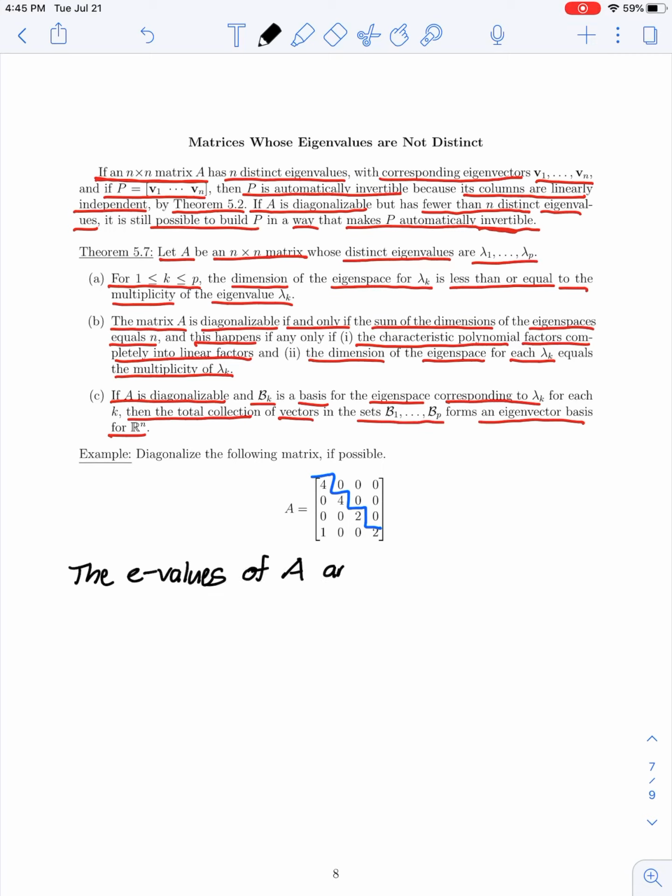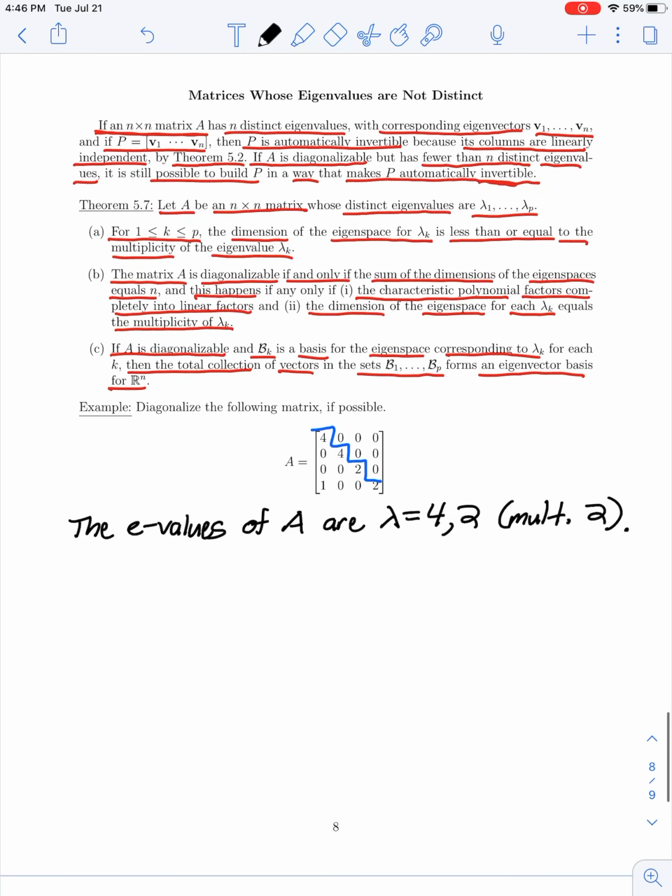of the matrix A are lambda equals 4 and 2. And notice that both of these have multiplicity 2. So we need to determine whether we have a set of 4 linearly independent eigenvectors for this matrix in order for it to be diagonalizable.